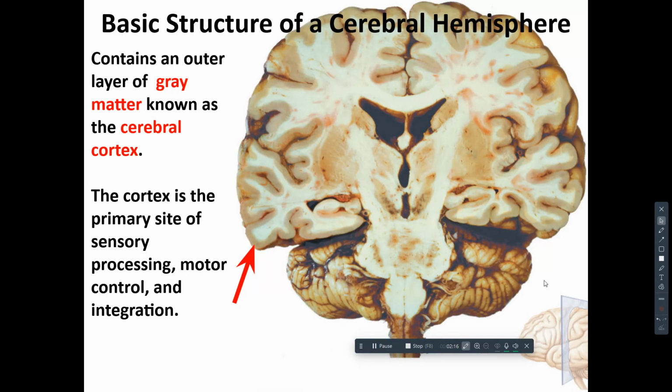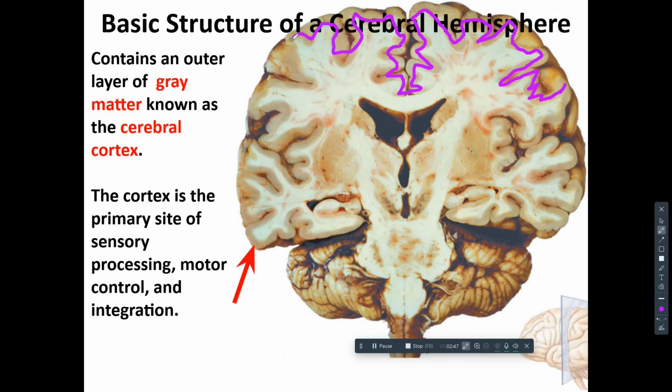If we slice a cerebrum like so, like a frontal section here, we are going to see there is an outer region which is made up of what's called gray matter. This outer region is called the cerebral cortex. The word cortex literally means bark, like bark of a dog. And this is the outer layer of gray matter in our cerebrum.